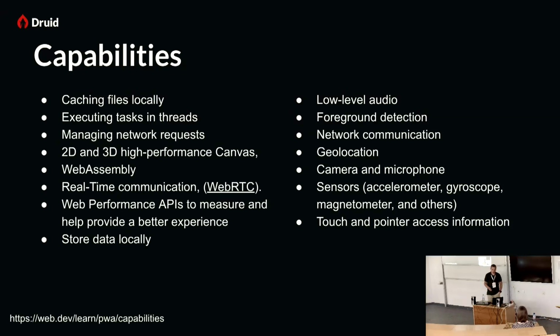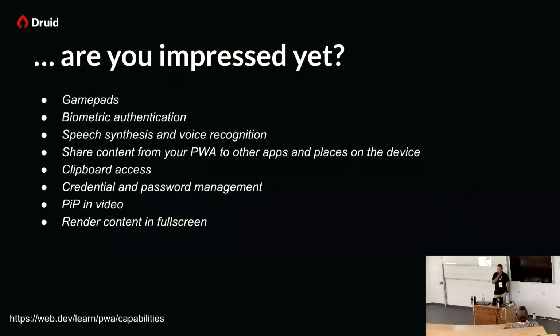So this is the basic stuff. Then we start adding more stuff to the API. We can utilize gamepads, we can do biometric authentication, fingerprints, face recognition, speech synthesis and voice recognition, accessing the clipboard, picture-in-picture video, render content in full screen, and credential and password management.